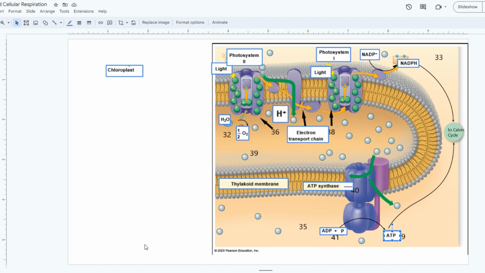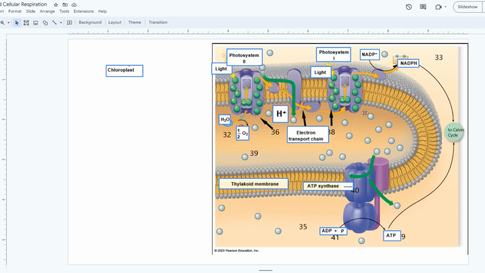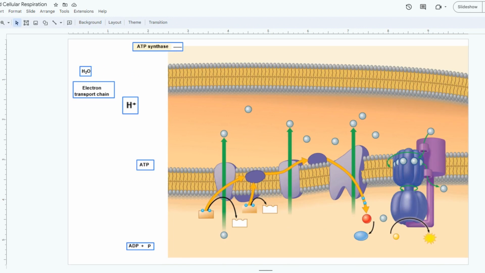So that's the chloroplast. A mitochondrium looks very different from a chloroplast, right? We could possibly agree with that, right? And we just looked at the very depth of a chloroplast. Now look at the very depth of a mitochondrium on the next slide.